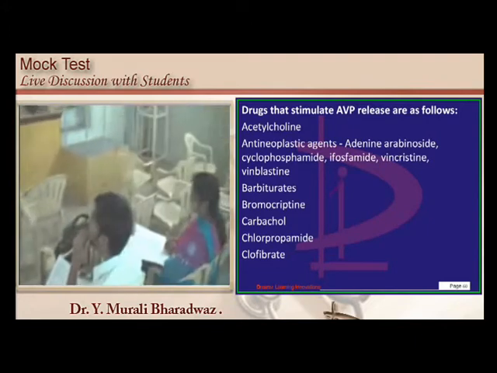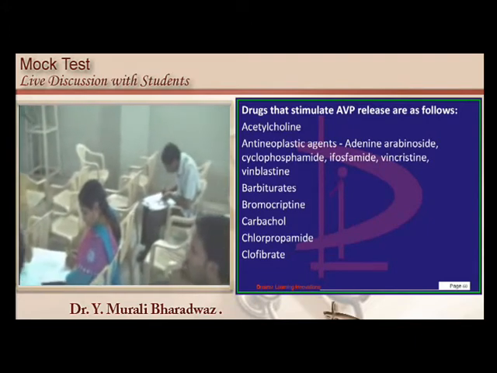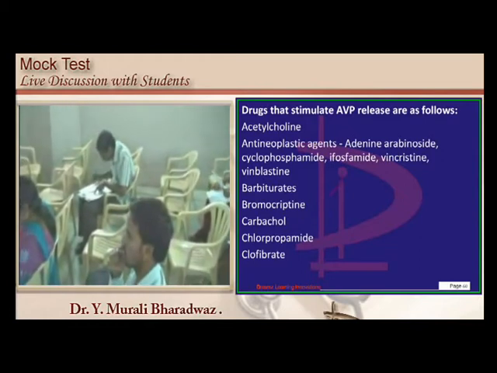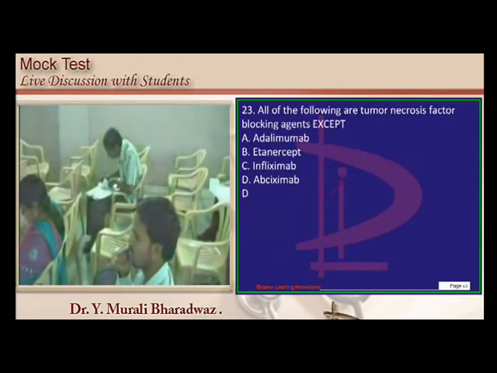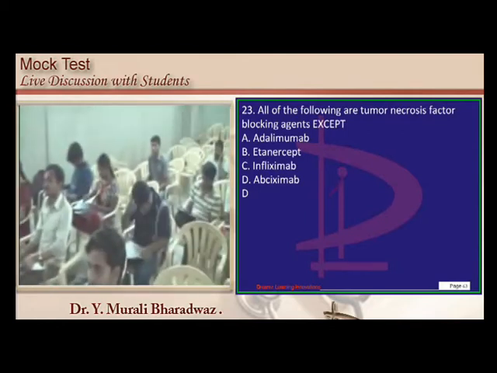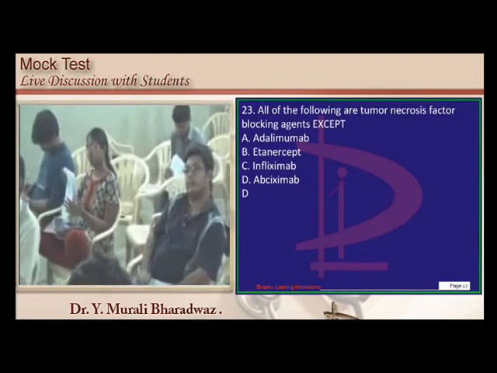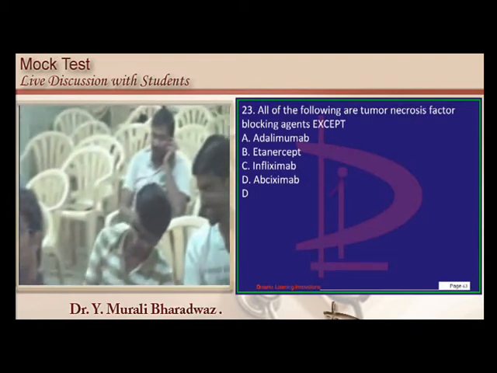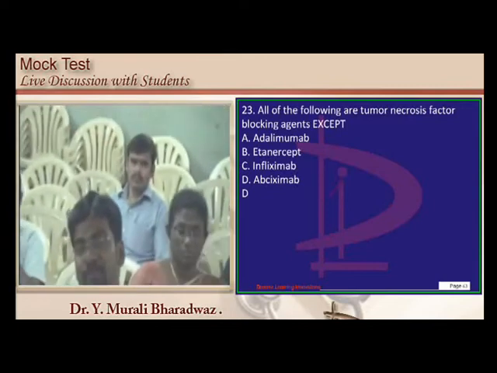A lot of drugs have been implicated in the causation of SIADH. One monoclonal antibody, like adalimumab etc., will definitely be asked. That is our deal, is it not? We have been saying it since a very long time. One question compulsorily will be on one monoclonal antibody.